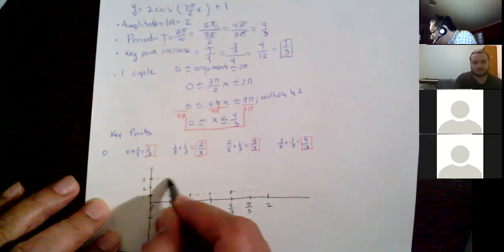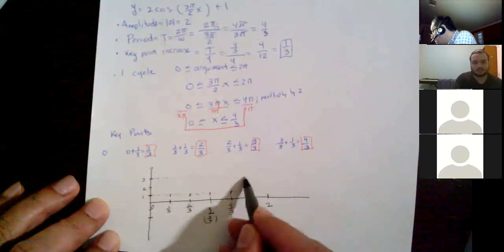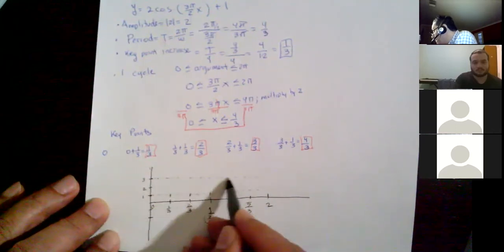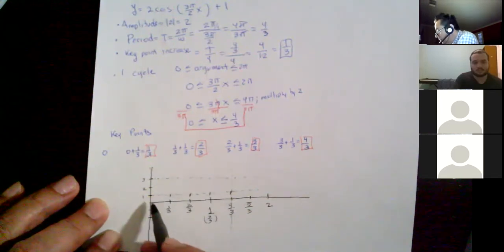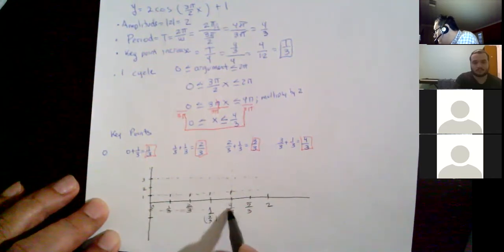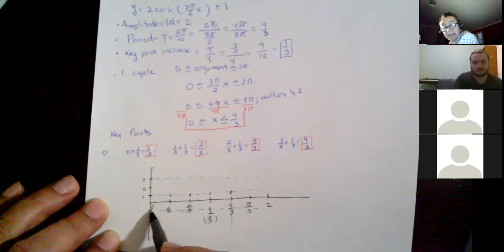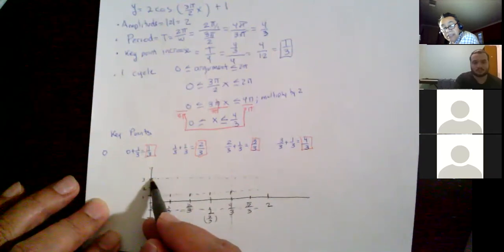I wanna draw a line also here as a guide for me. And from this line, I'm gonna go down 2, 1 and 2, right here. This line and this line are gonna be my guides to draw the cosine.